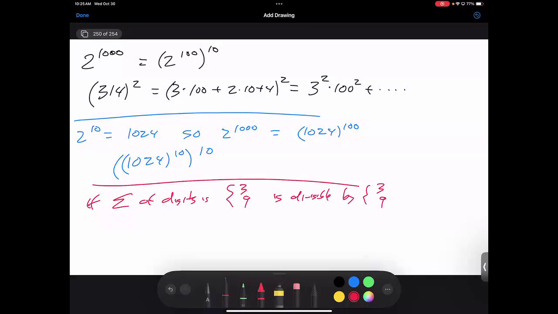So if I give you a number, I can reduce it to something smaller that has the same digit sum, and that will determine whether or not it's a multiple.